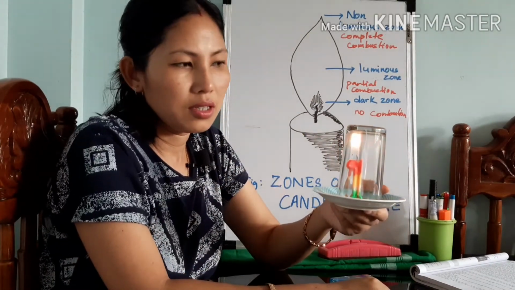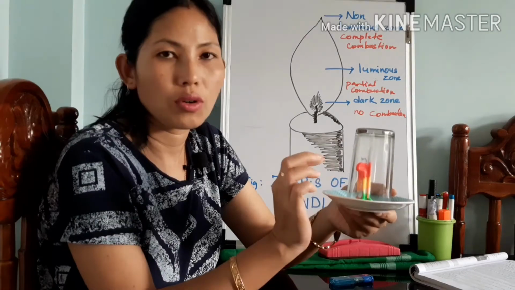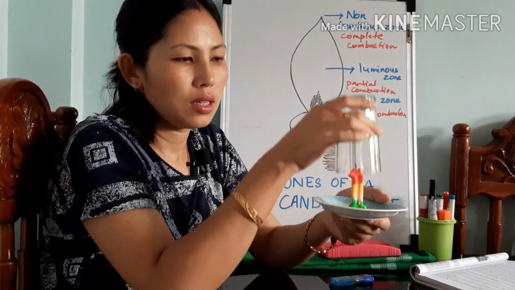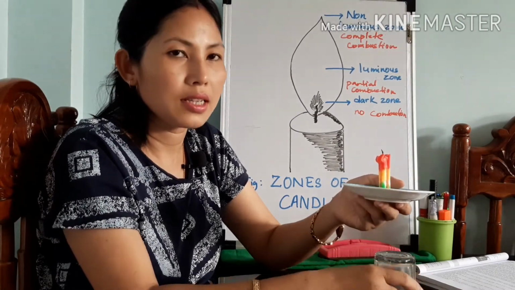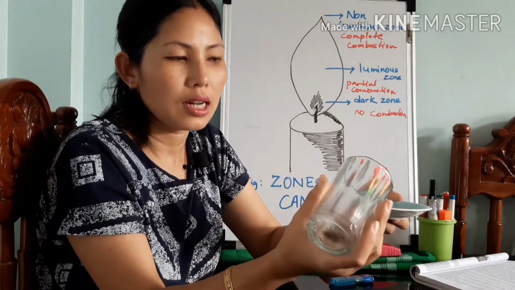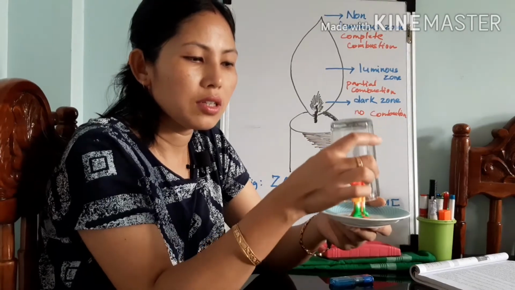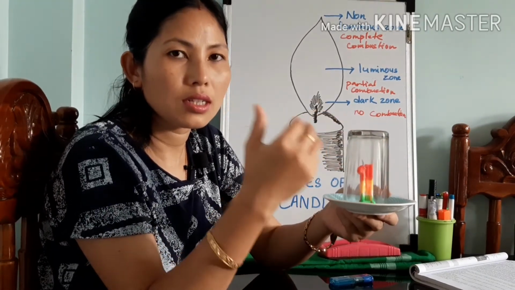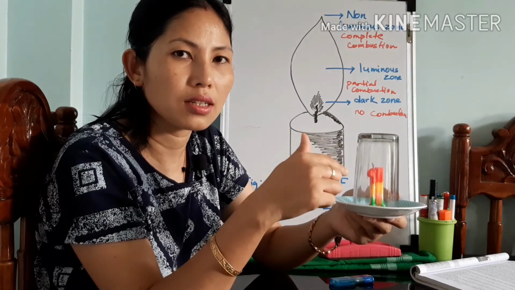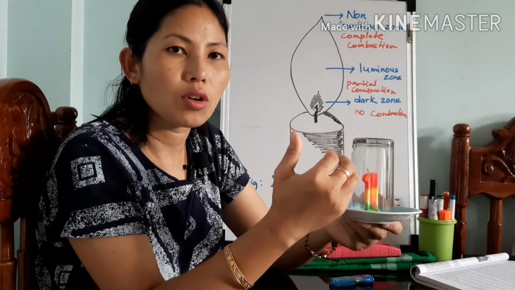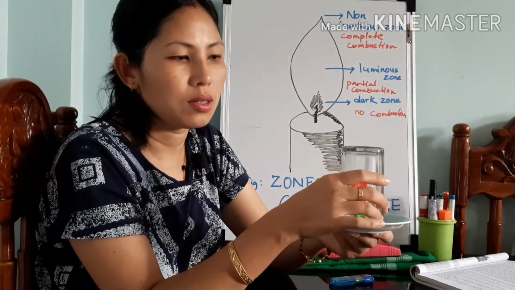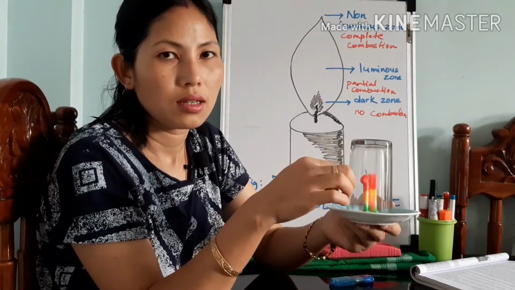It is still burning, you can see, but now it's going off. So it did not stop burning immediately as I covered it with the glass. The reason is, when I covered it for the first time, there was still some amount of oxygen present inside the glass, so it continued to burn for a few seconds, but after some time it stopped burning because there is no oxygen available inside this tumbler.